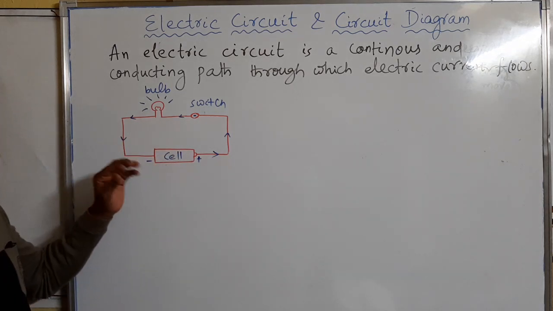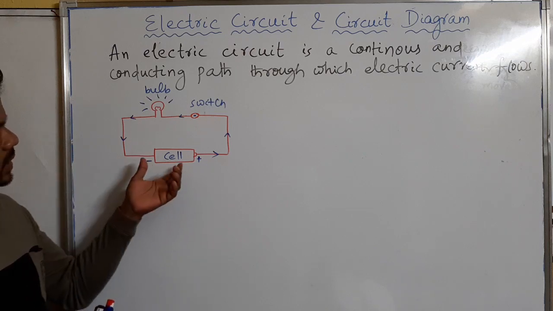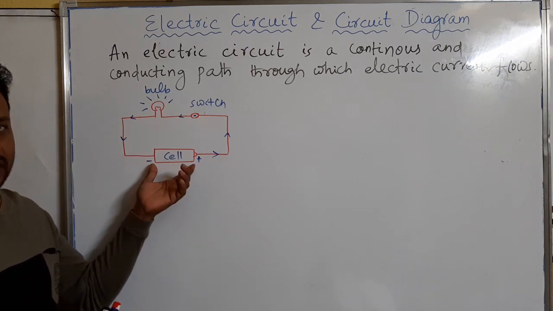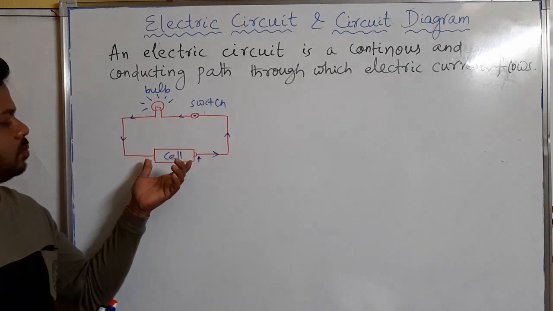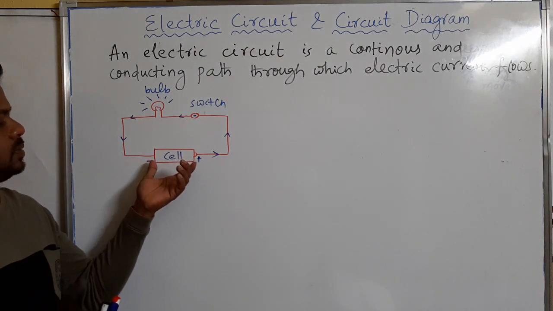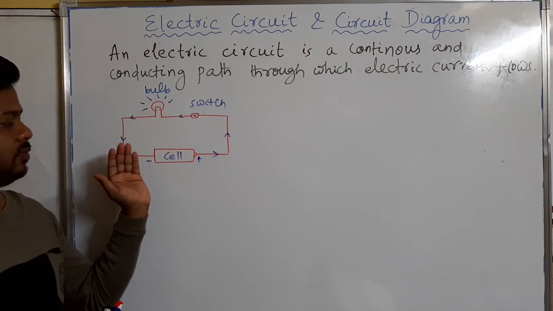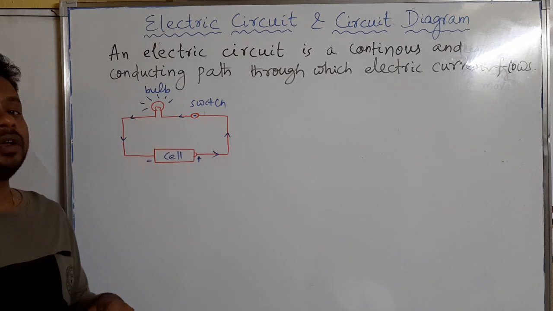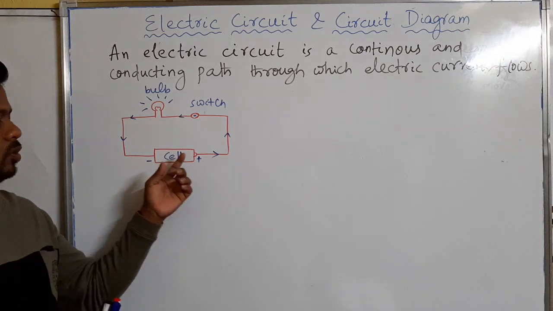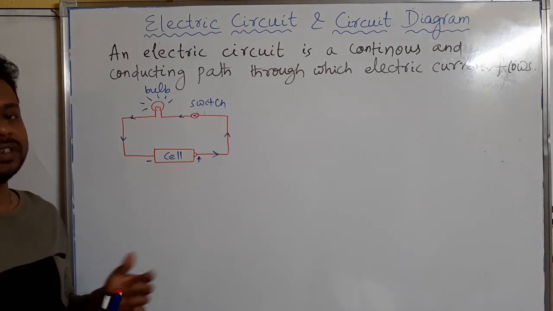So you can see here, in an electric circuit there must be a source of energy which maintains the potential difference, which makes a force by which electrons can move, because you know current is flow of charge.